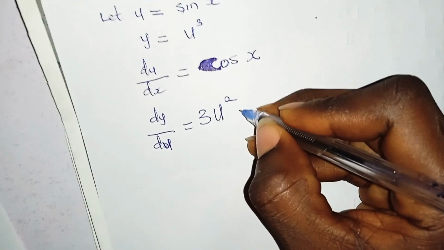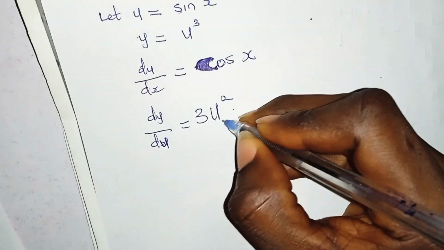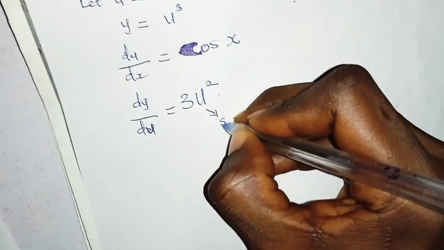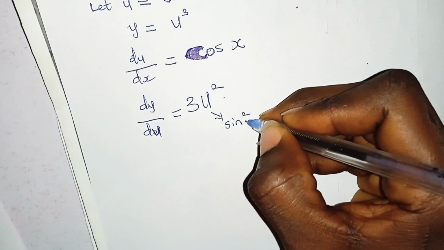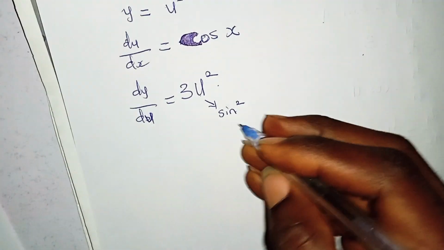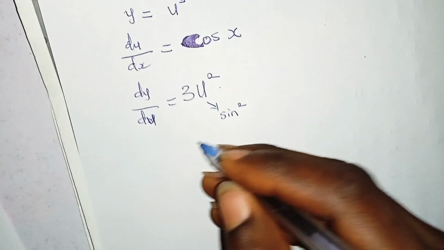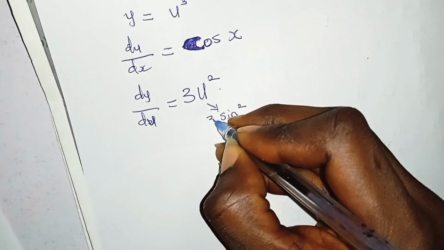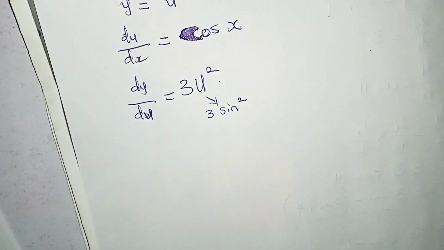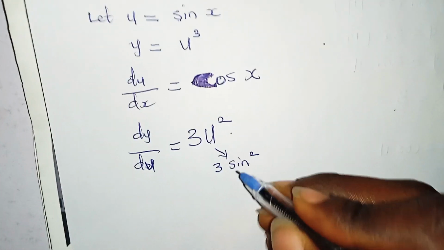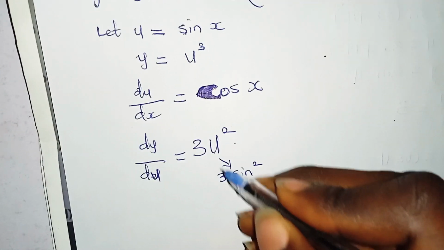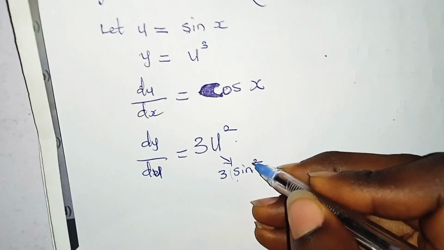And you know that if you have this to be sin squared, and I have this to be 3, so this is sin squared.